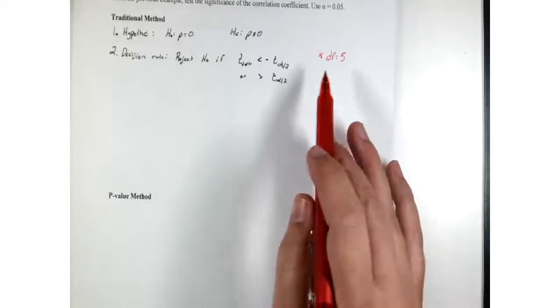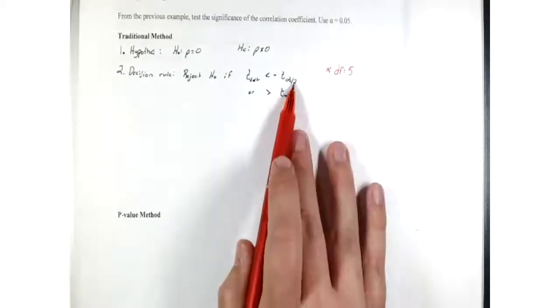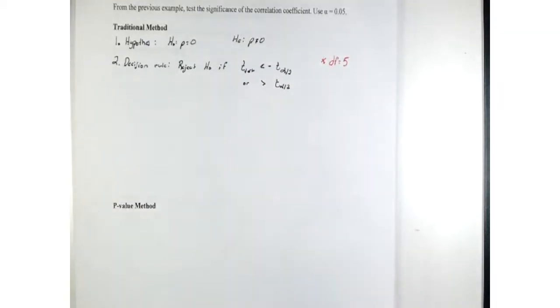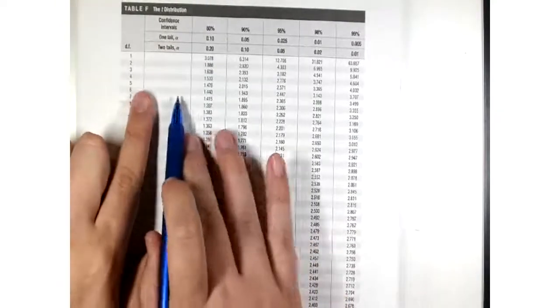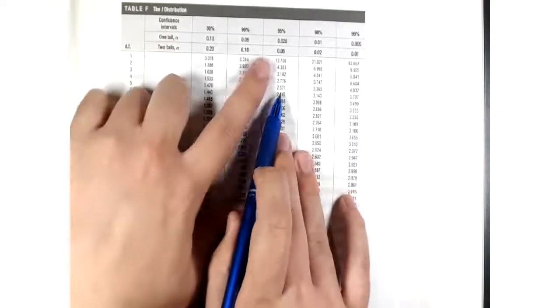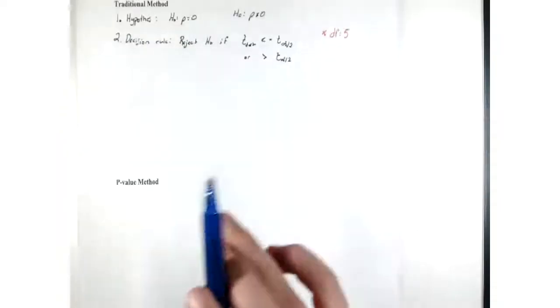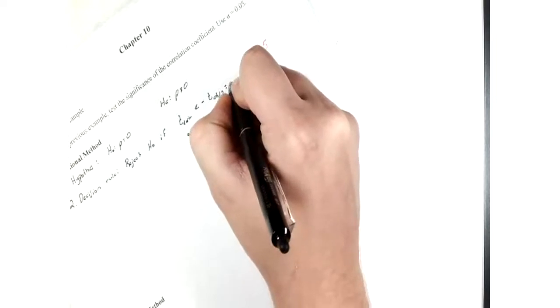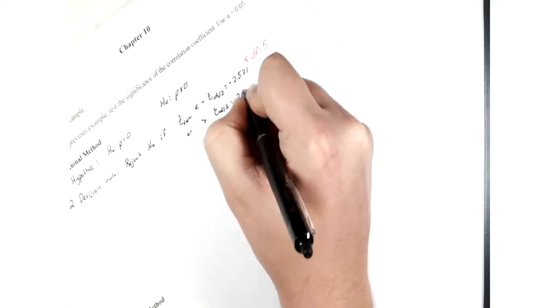And we're testing at alpha equals 0.05, with 2 tails because it's not equal to. Looking at our t-table, we go to degrees of freedom 5, alpha equal to 0.05 with 2 tails, and that'll be 2.571. So negative t alpha over 2 is negative 2.571, and the positive is 2.571.